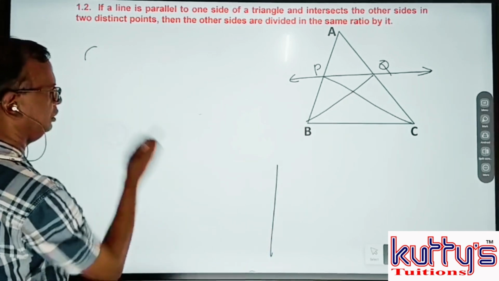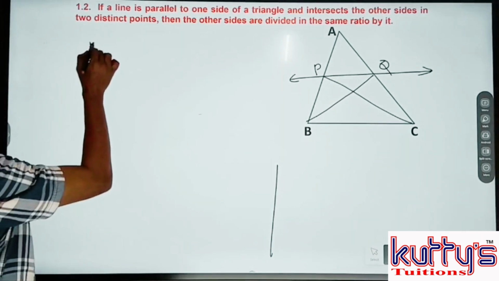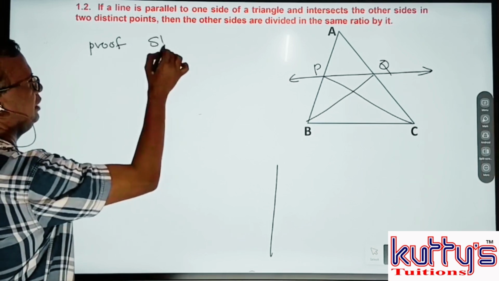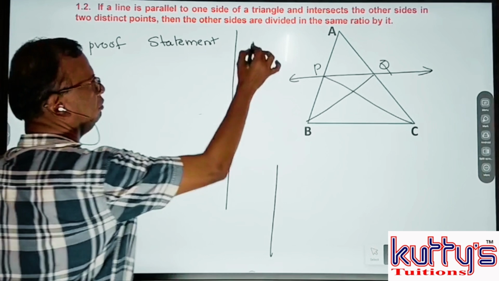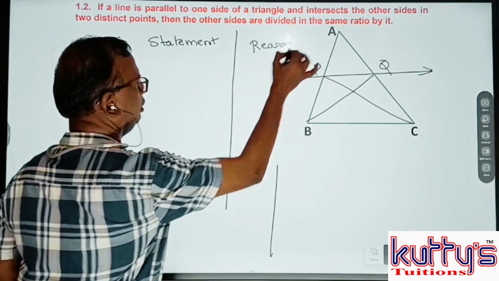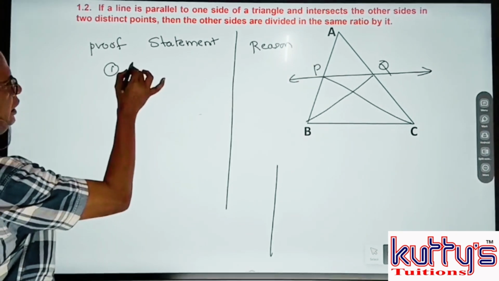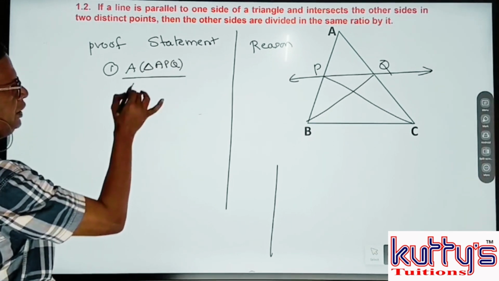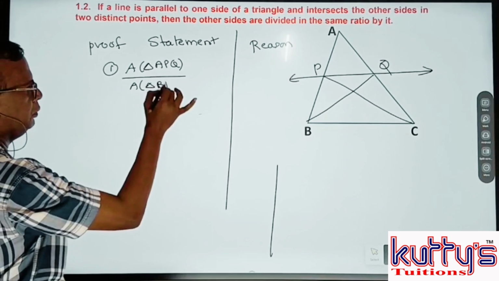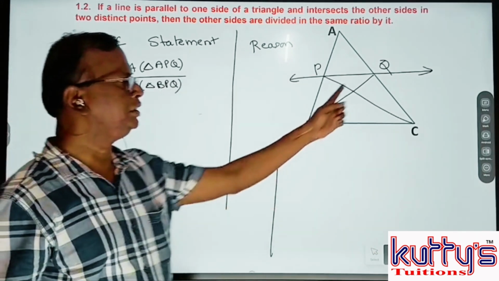So once again, see here. Proof, statement and reason. Which triangles are we taking? Area of triangle APQ and area of triangle BPQ. Which is the vertex here?